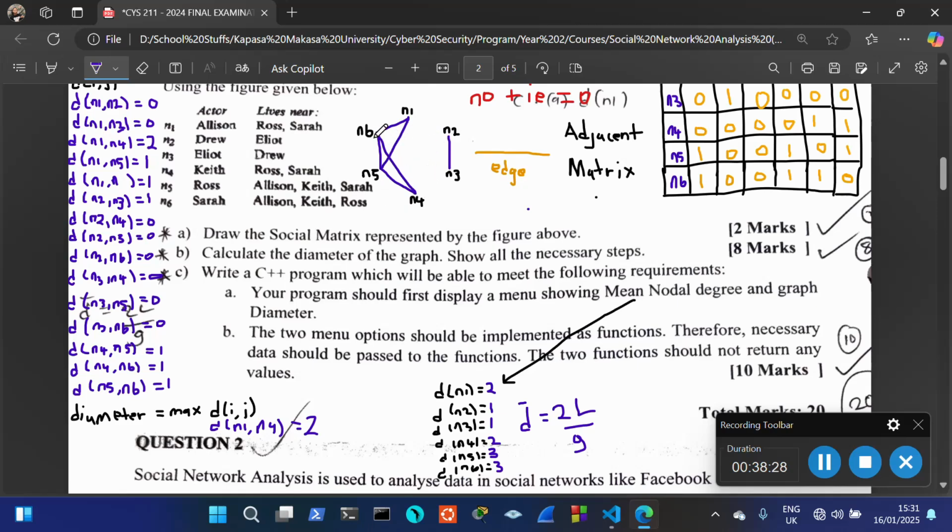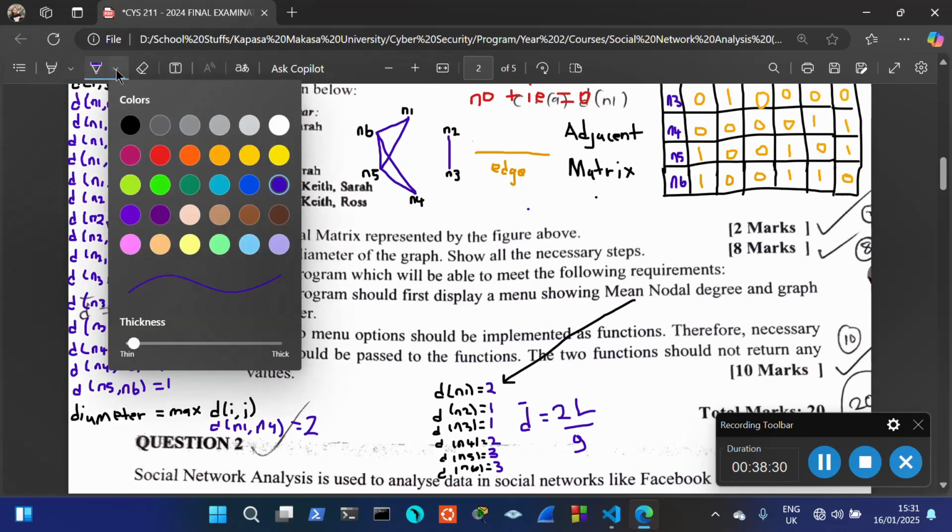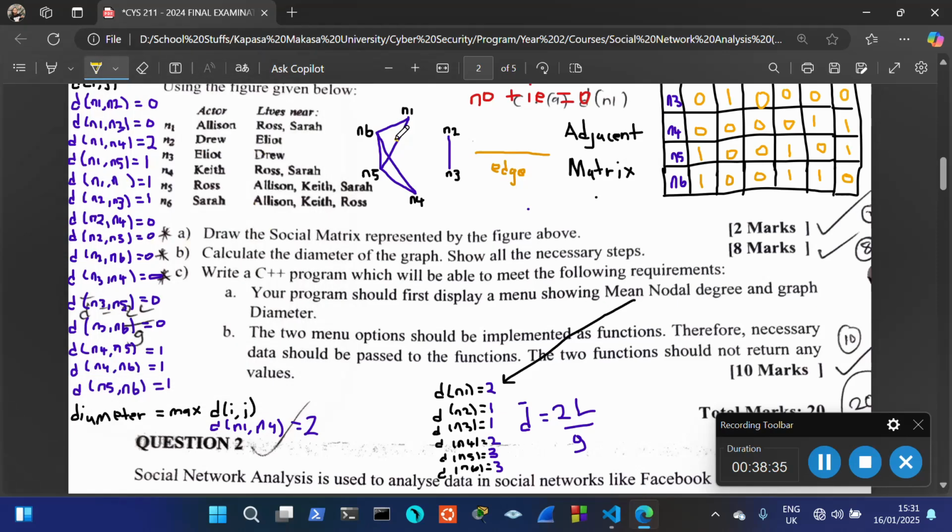If we count the lines, we have line number 1, line number 2, line number 3, line number 4, line number 5, and lastly line number 6. So this L represents the number of lines in this sociogram. In this case we have 6 lines, so L will be represented with a 6.